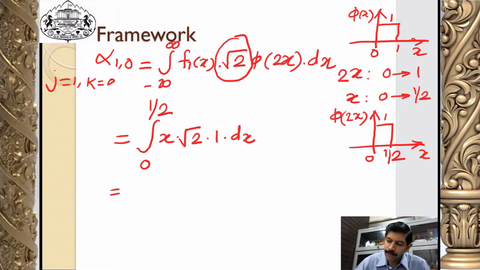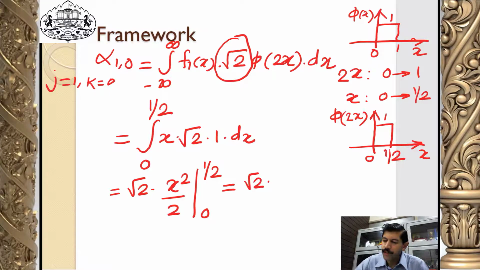Let me bring out root 2, and then we are left with x square by 2 over this range of 0 to half. And now if I plug that in, this will be square root of 2 into, now if I plug x is equal to half, then square of that will be 1 by 4. And 1 by 4 into 1 by 2, so it will be 1 by 8.